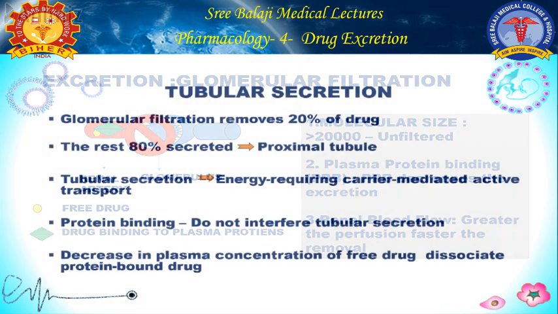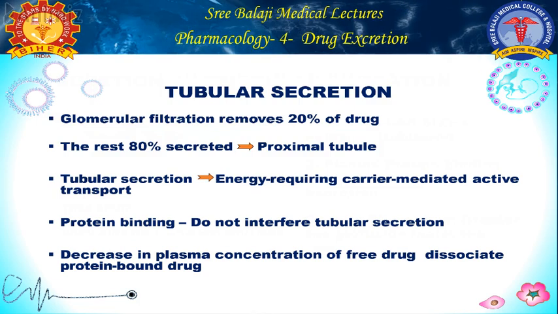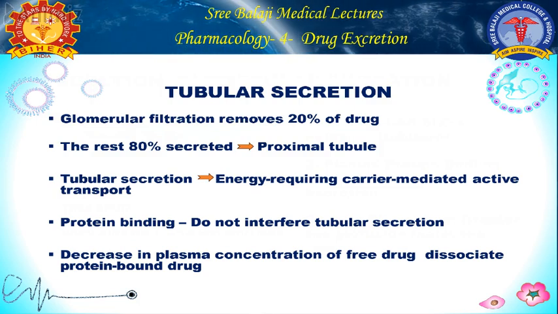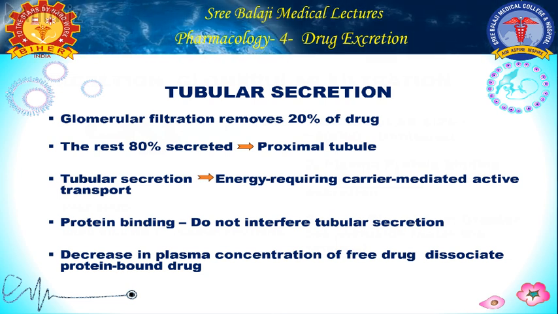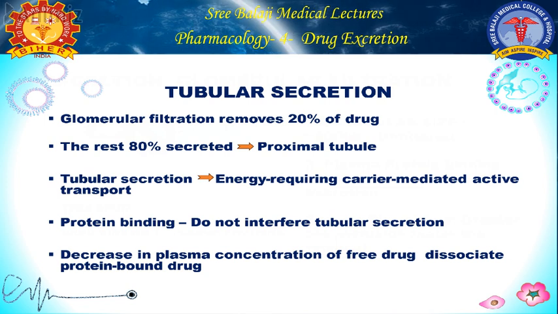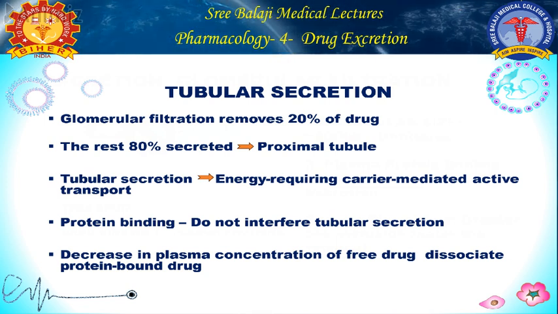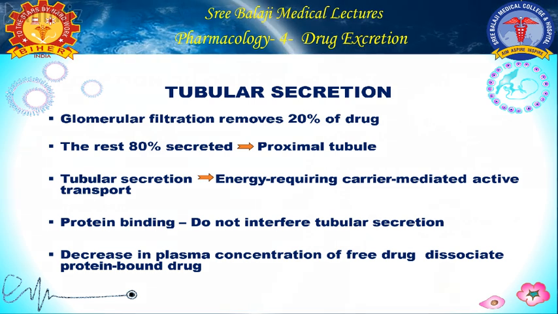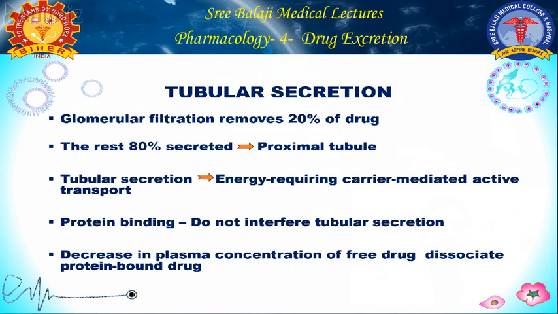So coming to tubular secretion. In glomerular filtration, about 20% of the drug can get excreted, so how does the rest of the drug get excreted? The nephron has a good blood supply, and the rest of the drug will be secreted via the proximal tubule.